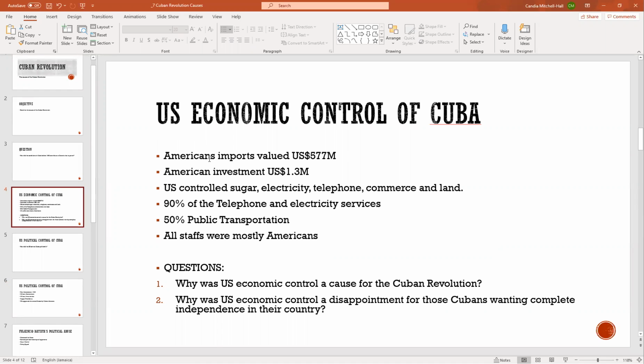In terms of American imports, it valued 577 million. The U.S. would have invested 1.3 million into Cuba.